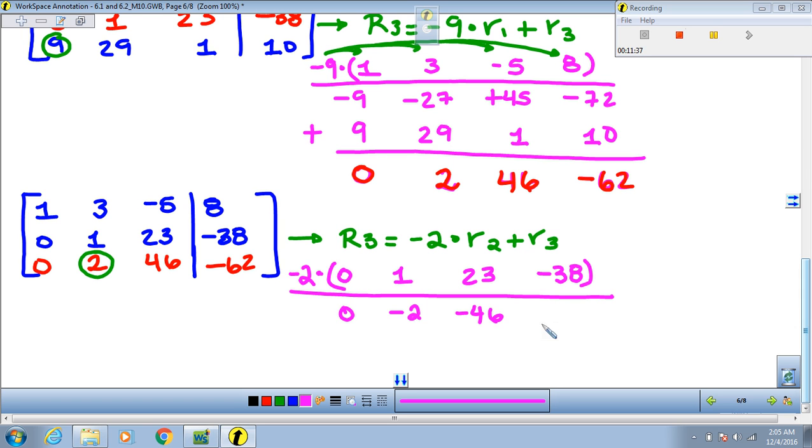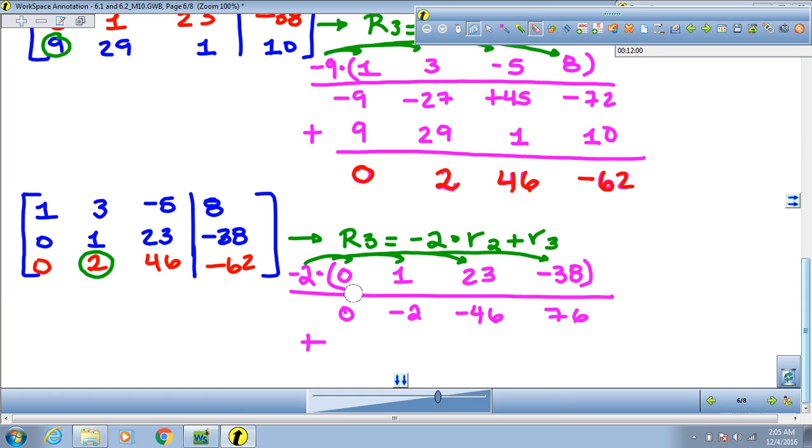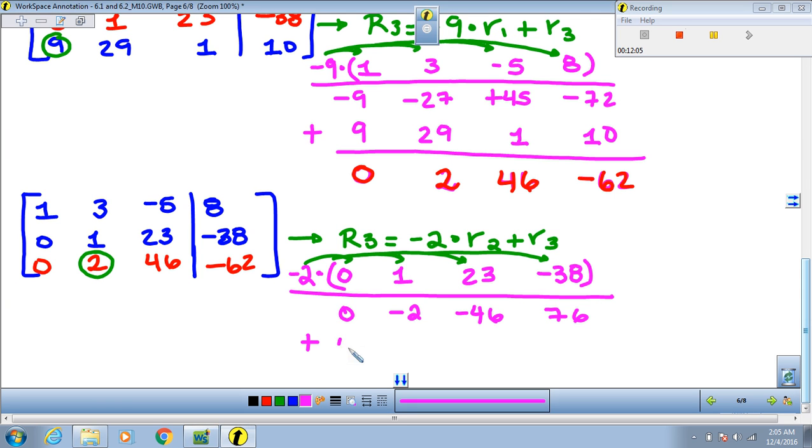Negative 2 times negative 38 is going to be positive 76. So we did this one already, and this one. And now I'm going to add to these numbers every value that we have in row 3.